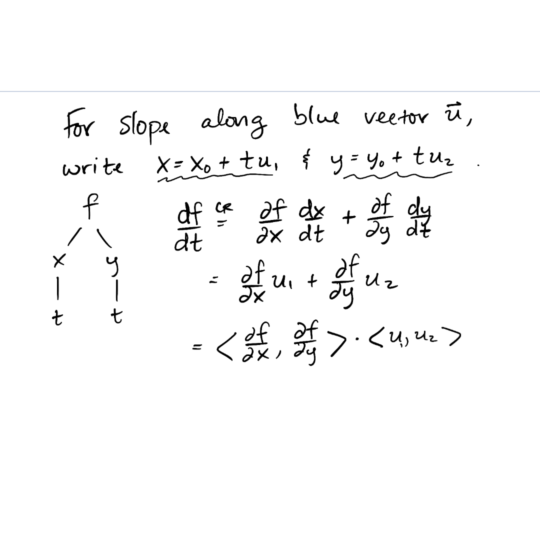Okay, but these vectors have names. This vector here is called the gradient for the function f, and it's written this way. You put that funny upside down triangle like that, and that's read gradient f. Meanwhile, this vector (u1, u2), look back at the picture.